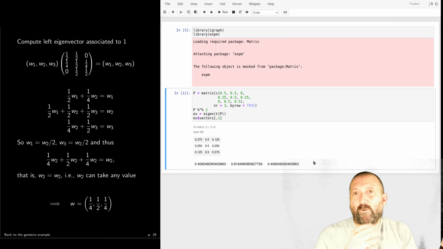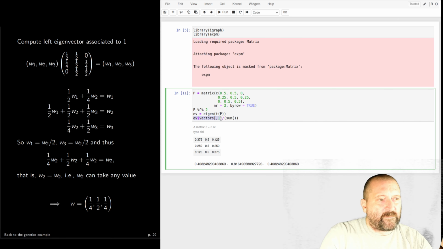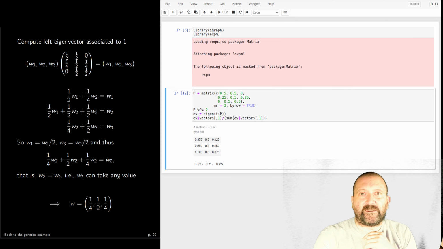I want the sum of these entries to be 1, so I am going to divide this by the sum of the same quantity. And I find exactly the value that's announced here on the left: 1/4, 1/2, and 1/4. Okay.